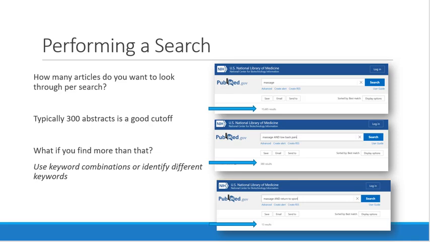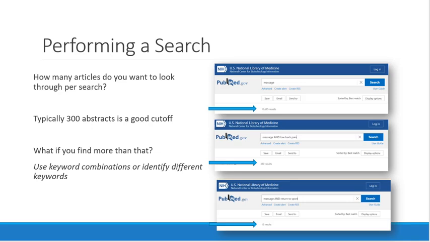Now, it's very possible that many of those results don't have anything to do with massage. So it's time to try to narrow things down. Plus, nobody has time to go through 15,685 potential articles. Typically, 300 abstracts is a good cutoff. That's something to shoot for.